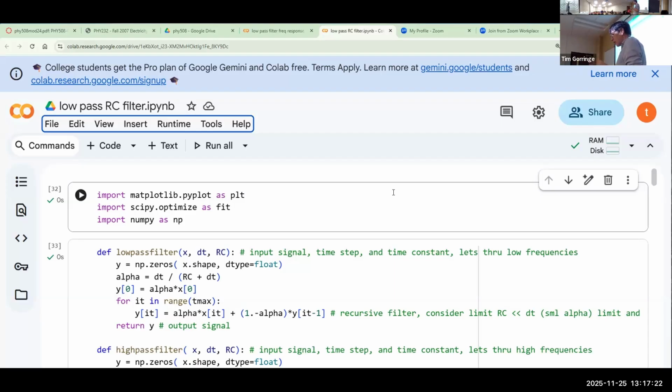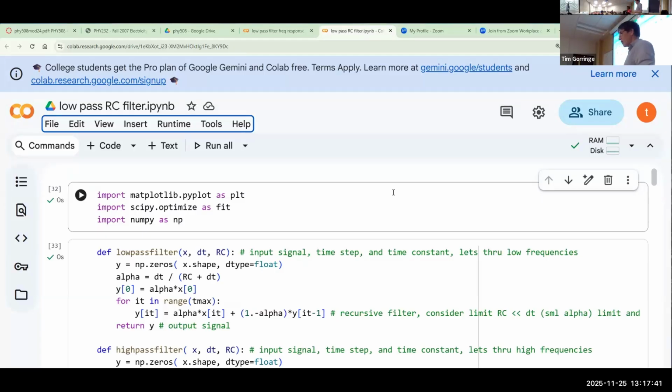Those functions are called with the input signal, meaning they're called with the array of data that represents the input signal, and they return the output signal, the array of data that represents the output.